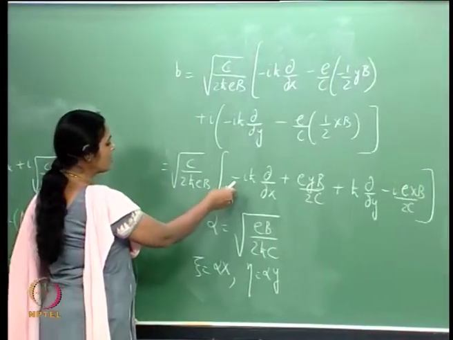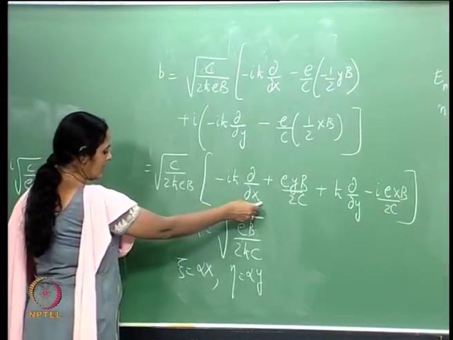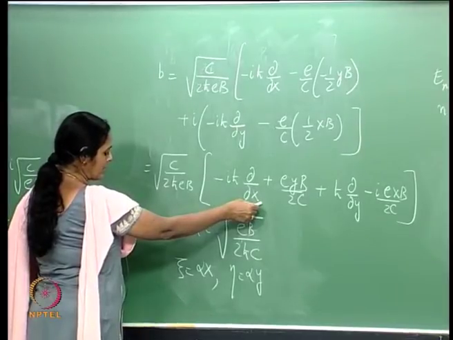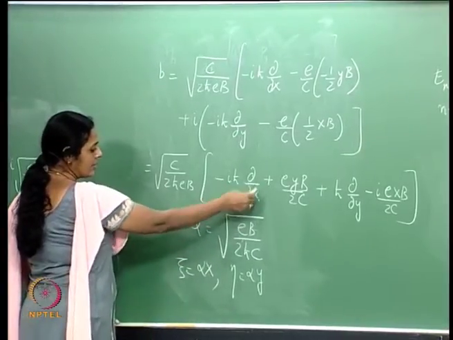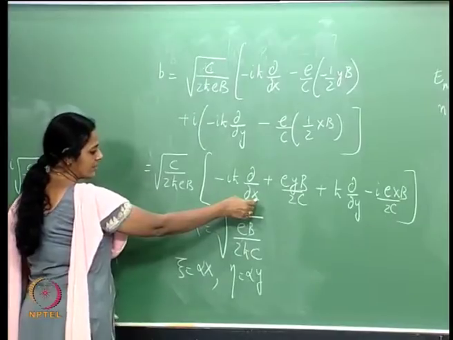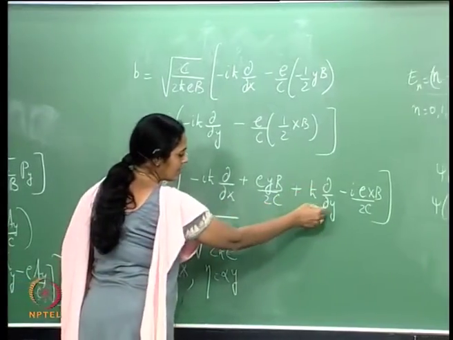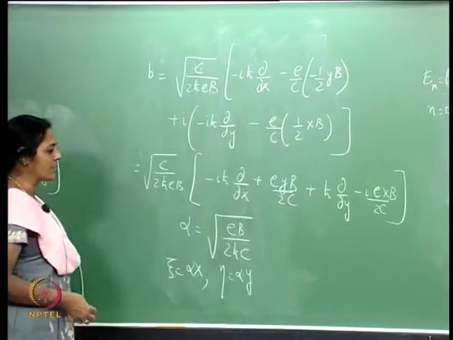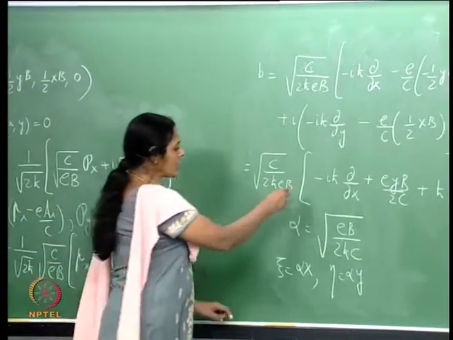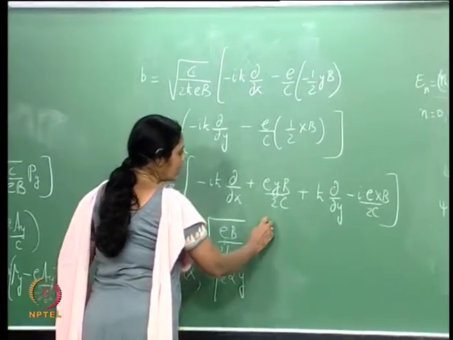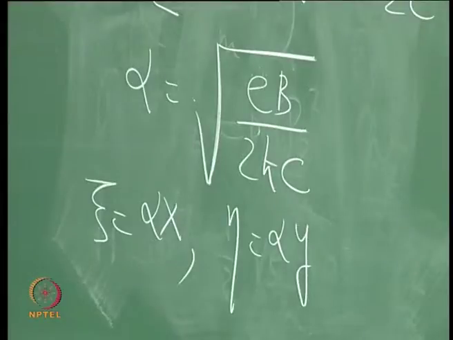So you see the first term, for instance, the x would be replaced by zeta by alpha, and I'll have ∂/∂zeta instead of ∂/∂x, and ∂/∂eta instead of ∂/∂y. With this replacement, it's a simple matter to rewrite this equation in terms of zeta and eta.